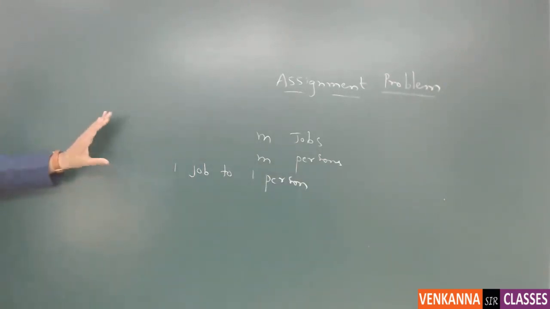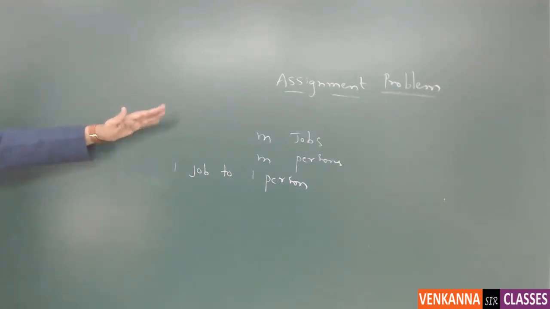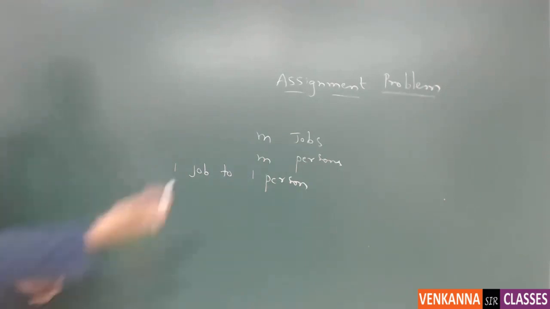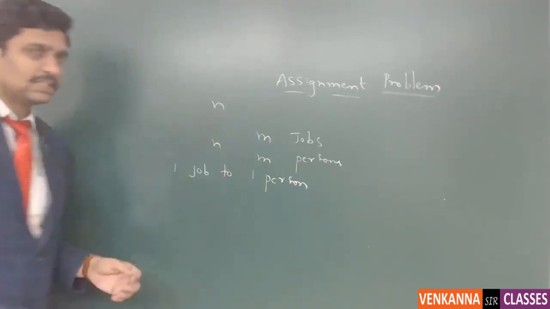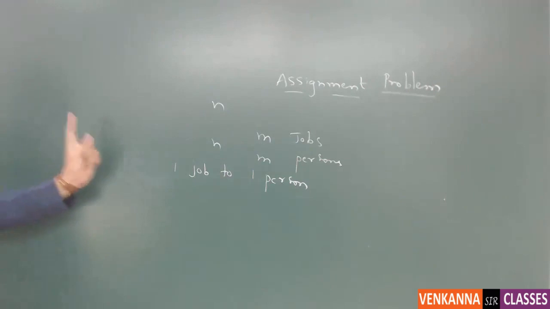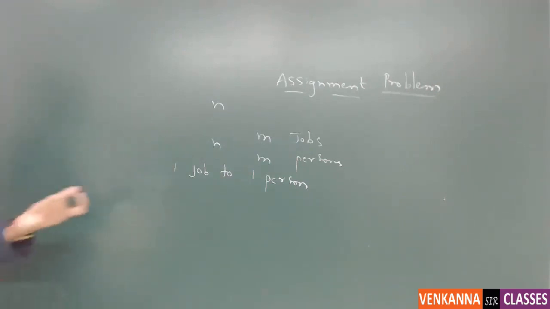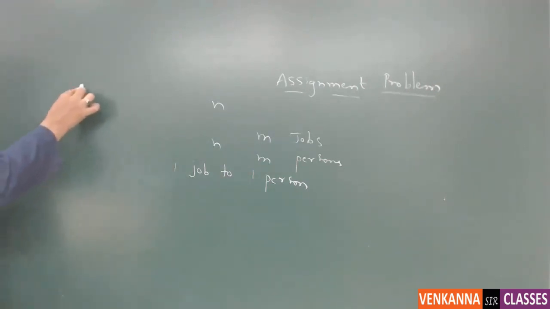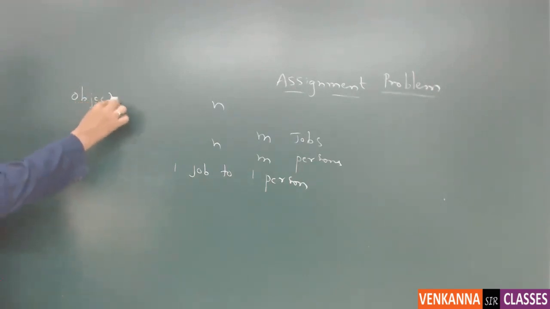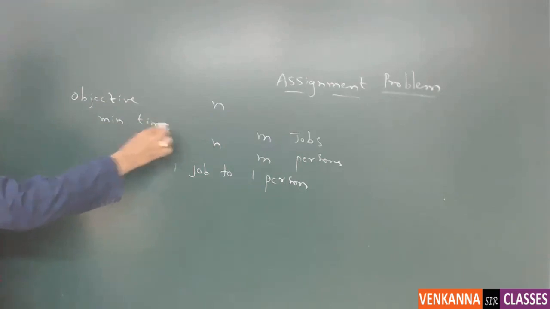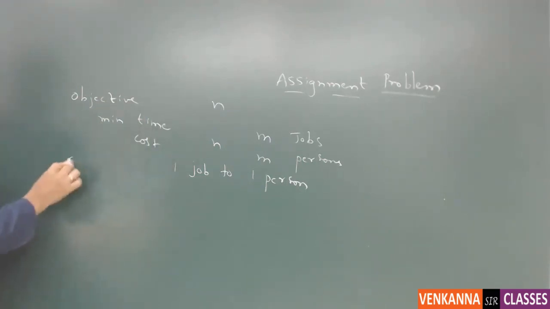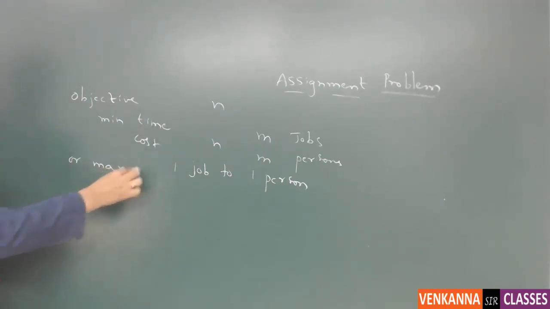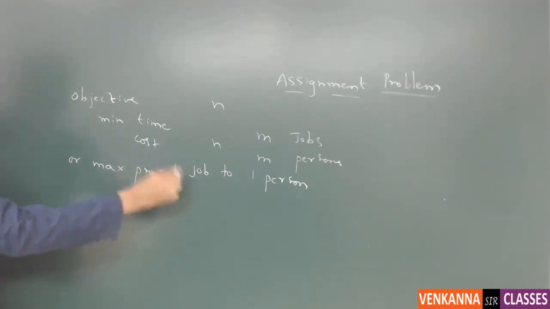In a simple manner, we define the assignment problem like this: you have m jobs and m persons, or n jobs and n persons, and you allocate one job to one person so that the objective is minimizing the time, minimizing the cost, or sometimes maximizing the profit.